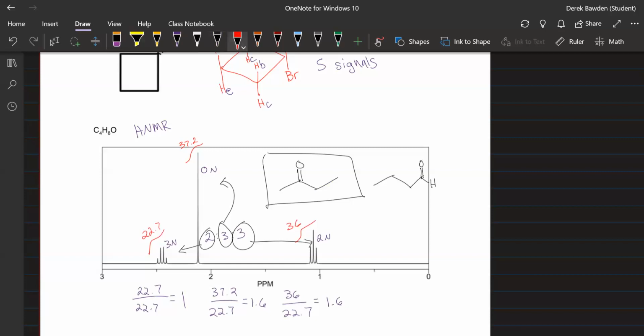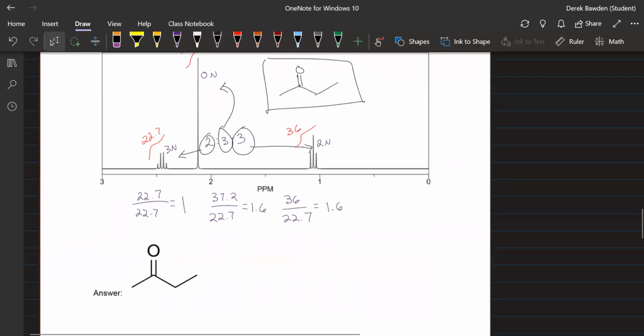We'd have HA, HB, HC, and HD, whereas in our HNMR, we only had 3 signals. So that's how you know that it's not an aldehyde. All right. So you got to go through and make sure that everything checks out before you move on, okay? So there's our answer right there.